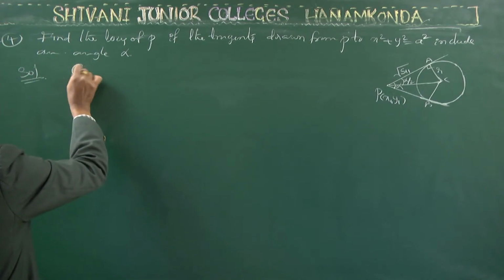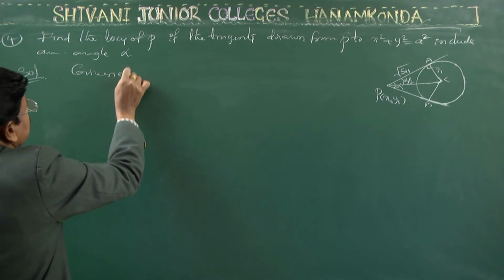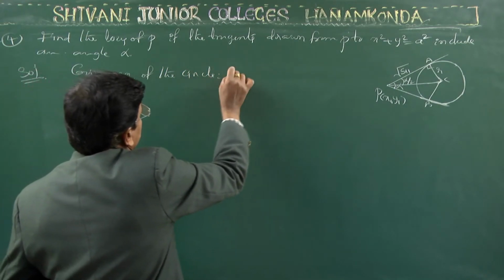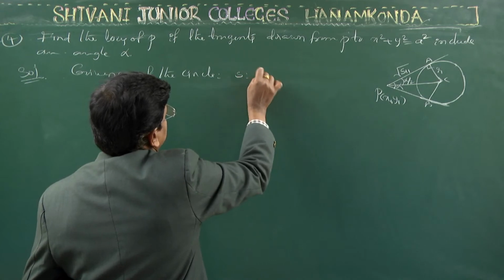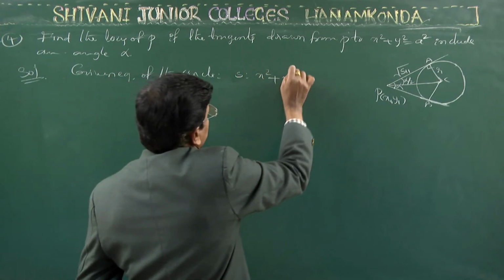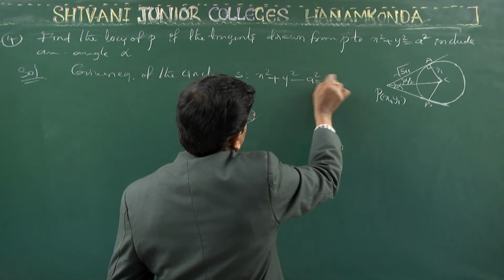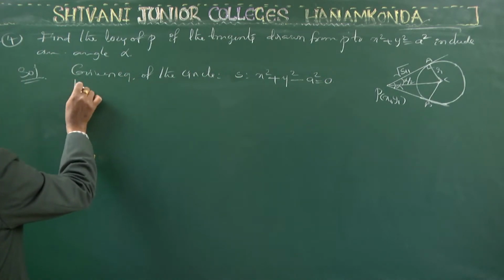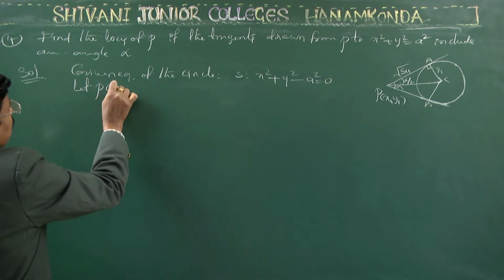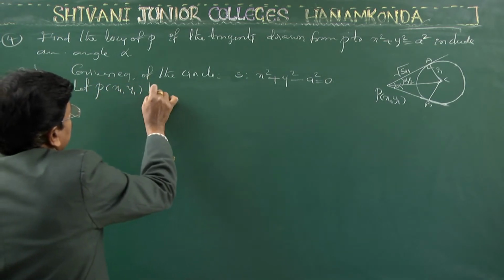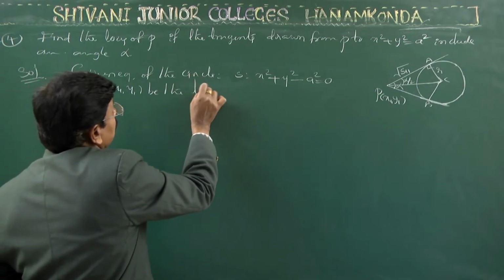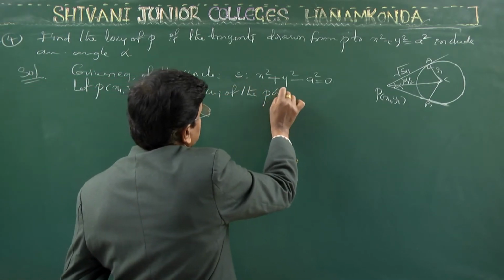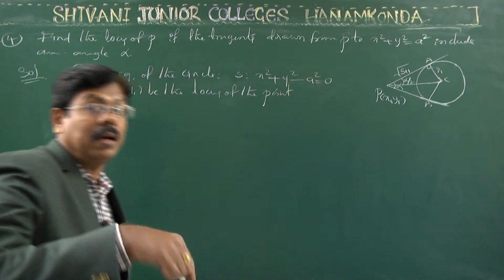The given equation of the circle is x square plus y square minus a square is equal to 0. Let P of x1, y1 be the locus of the point in the plane of the circle.